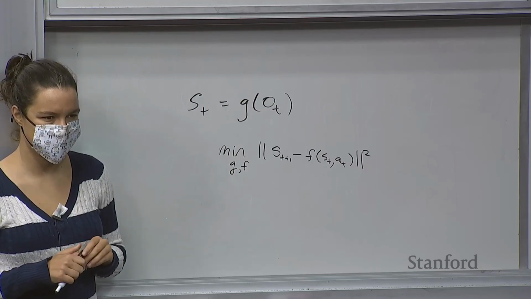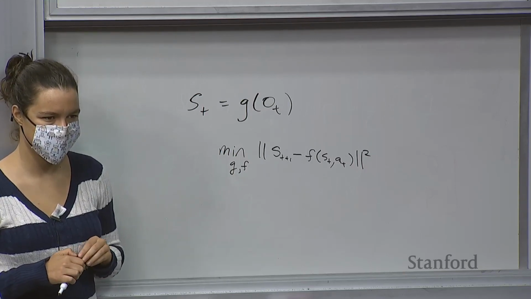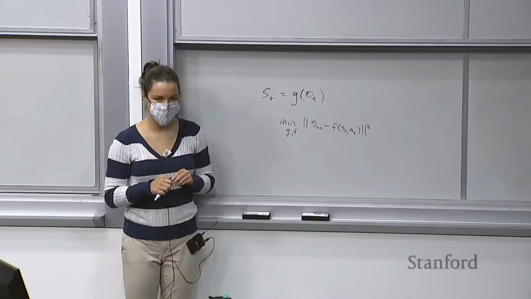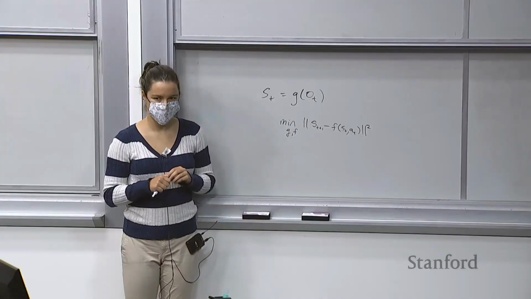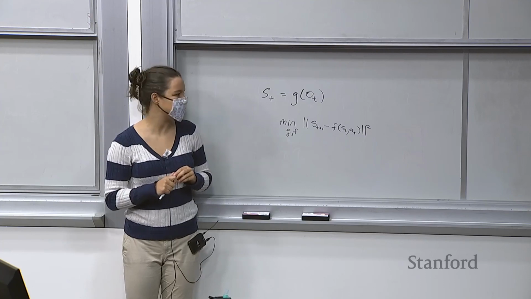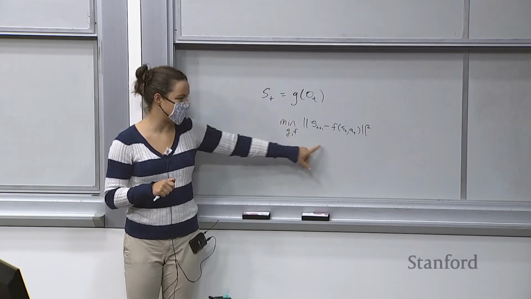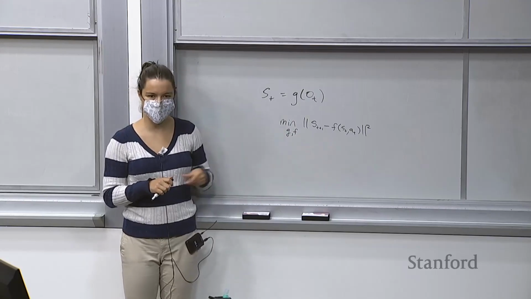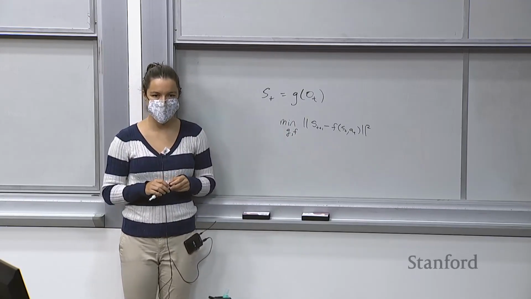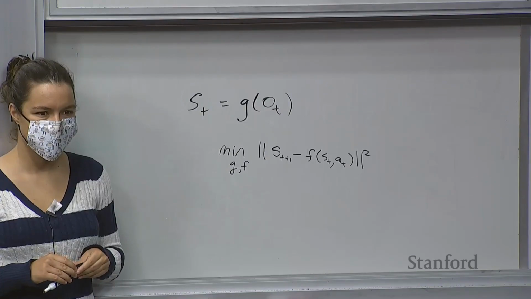Yeah, any additional thoughts on that? Any thoughts on, I guess, what do you think would happen if, what G would you get if you optimized this objective? Yeah? Could probably just collapse.